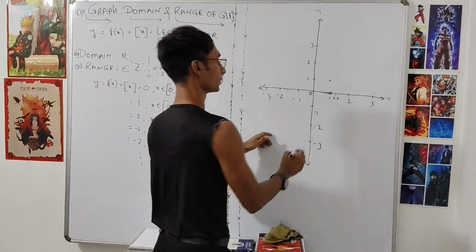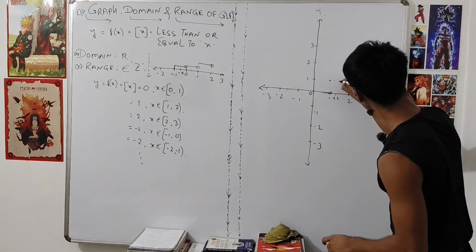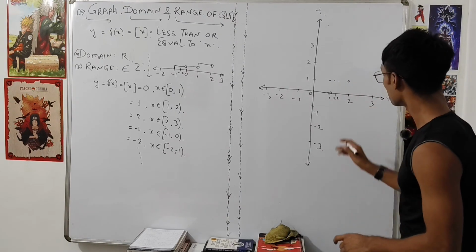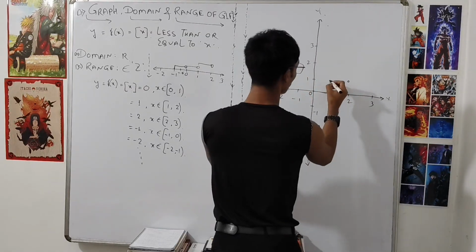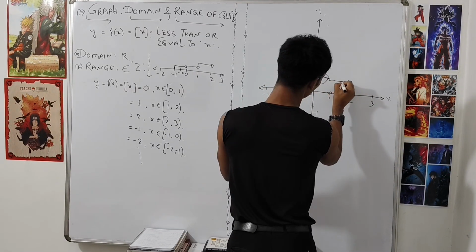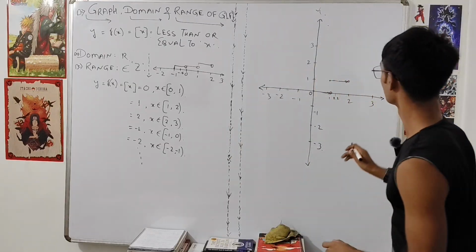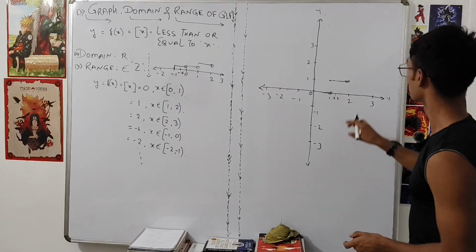At 1.5 also like this. So up to this 2, the floor x function will always give you 1, right?